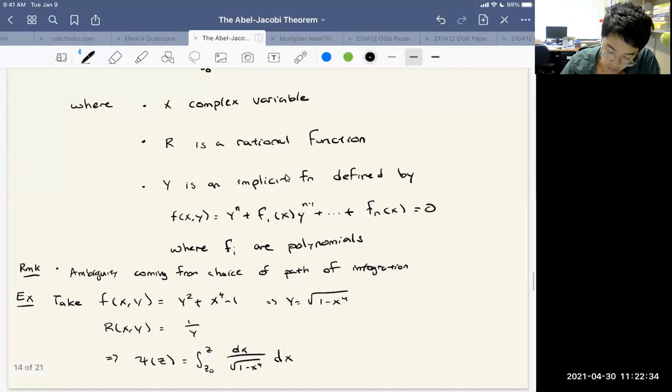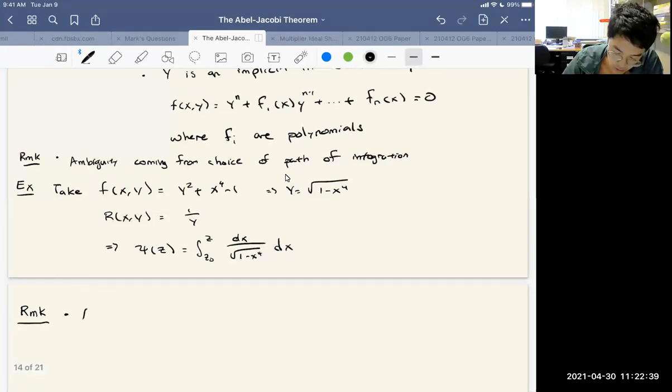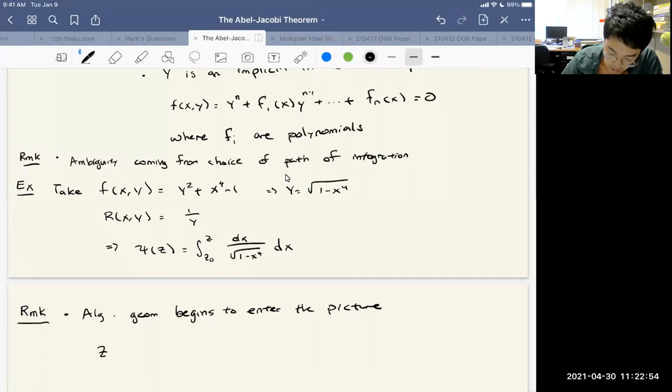So with this definition, I wanted to make the following remark, which is that algebraic geometry begins to enter the picture, in that we're looking at the 0 locus of a polynomial equation in two variables. So this, by definition, is the set of all pairs x and y in C squared, satisfying f of x, y is equal to 0.